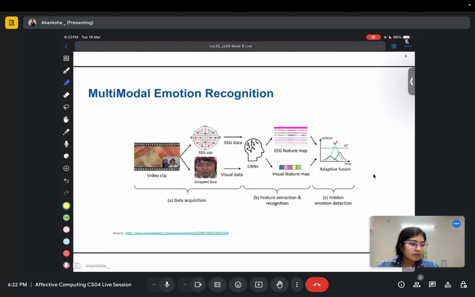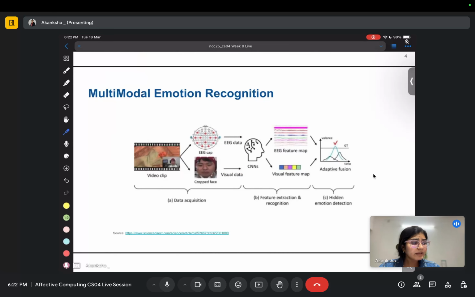If you see here, we have a video clip being shown, which is the stimulus, and this is the recording of the person watching it. So we have the video data, and there are sensors. If you look closely, there are electrodes. They have also collected the EEG data through an EEG cap. Now we have the EEG data as well as visual data. How can we use this in combination?